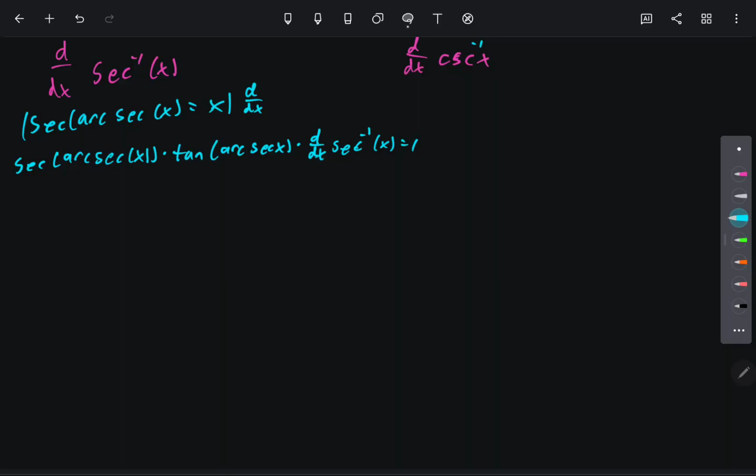All right. Now what do we do? We divide everything to the other side.